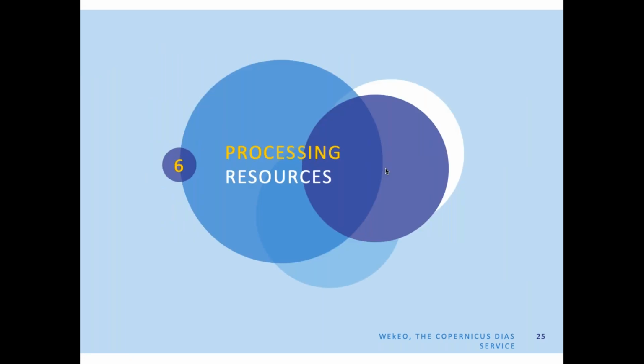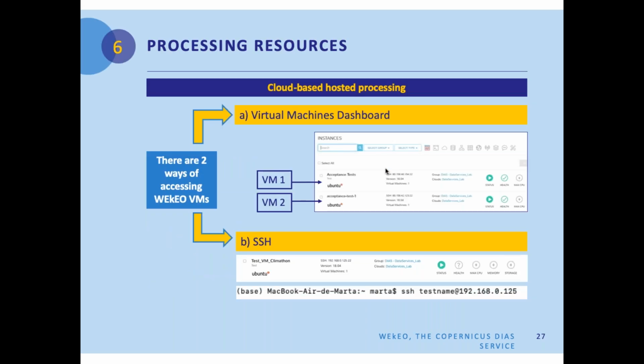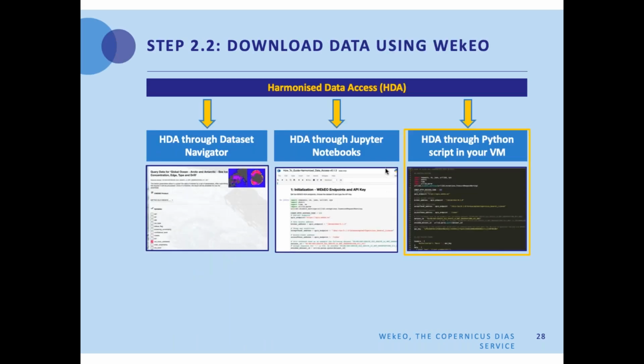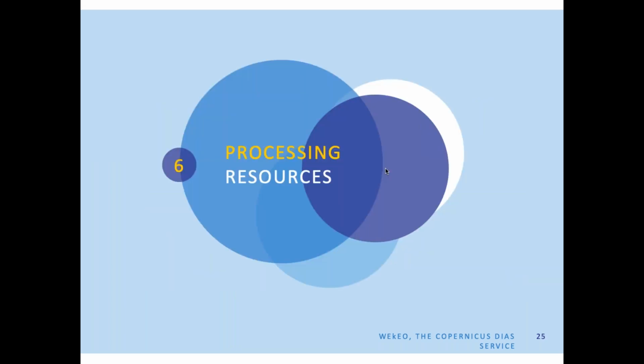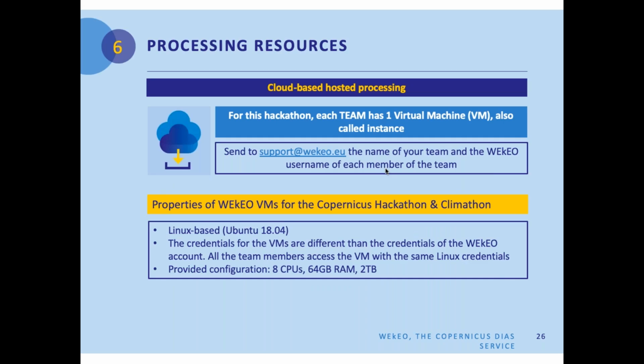And the last part of WekEO is the processing resources. As I was explaining before, we have these 3 ways of downloading data. And so these processing resources are the last step that might be useful for this hackathon.